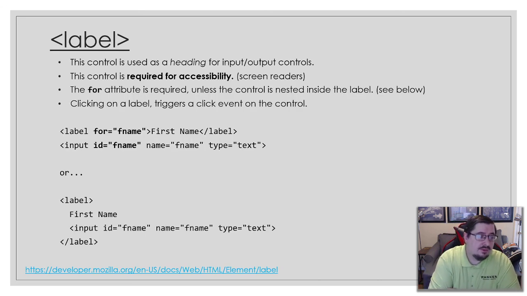And then finally in our short list of controls is the label, and the label is extremely important. It's kind of the heading for each of your input and output controls. It is absolutely required for accessibility purposes.